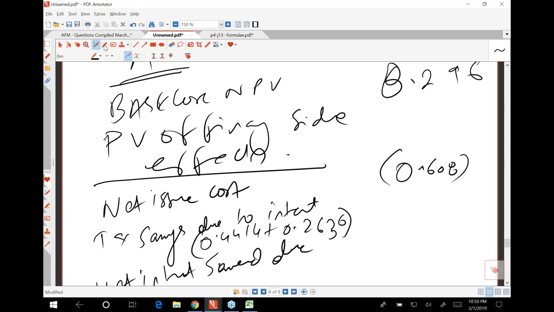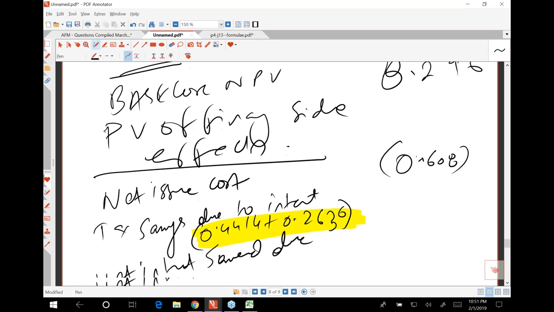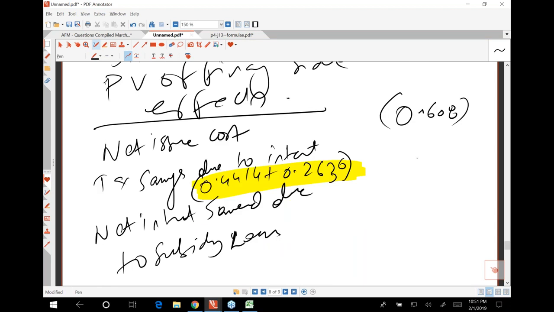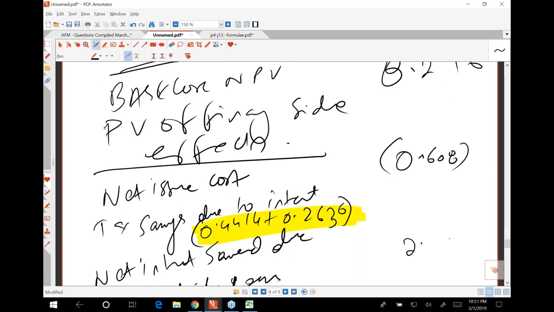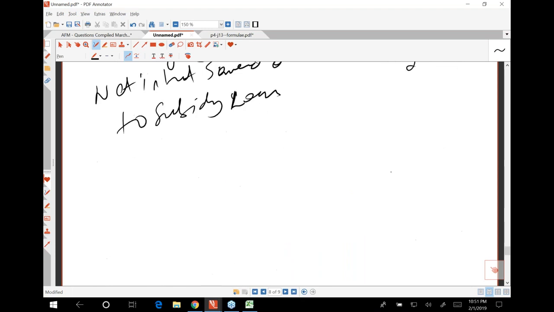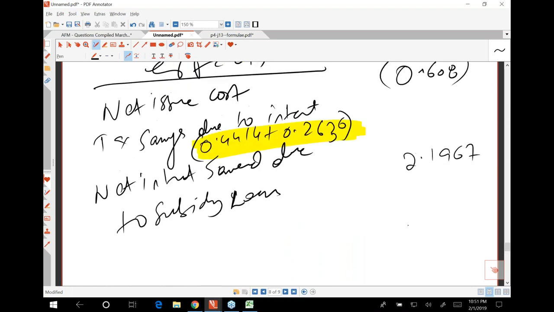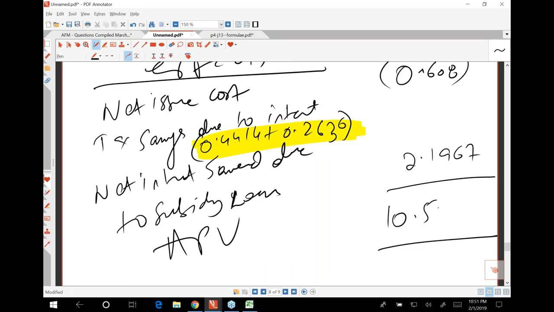Okay, so how much is the total? And then there is the net interest saved, which is 2.1967. So resultingly we have the APV, which turns out to be 10.590 approximately.